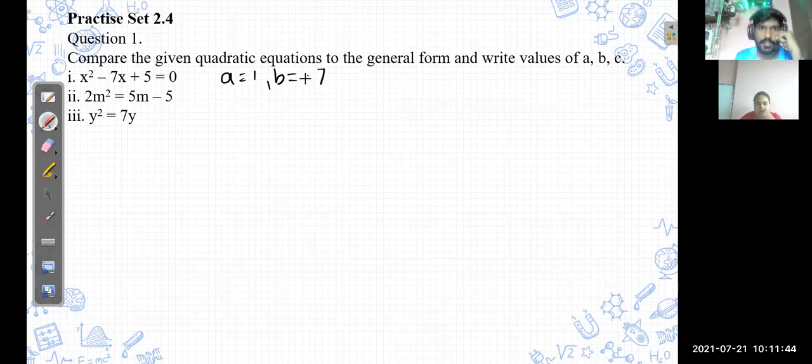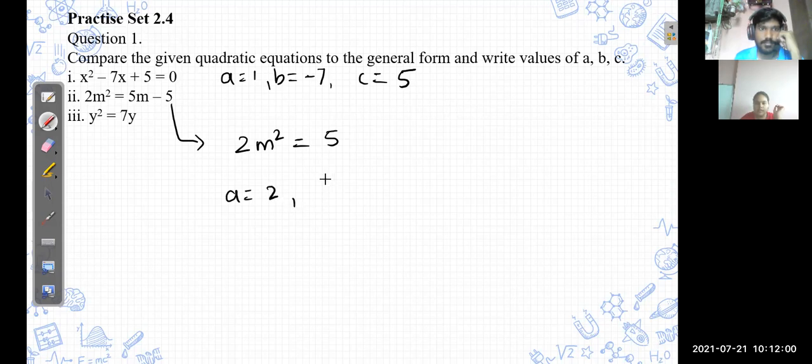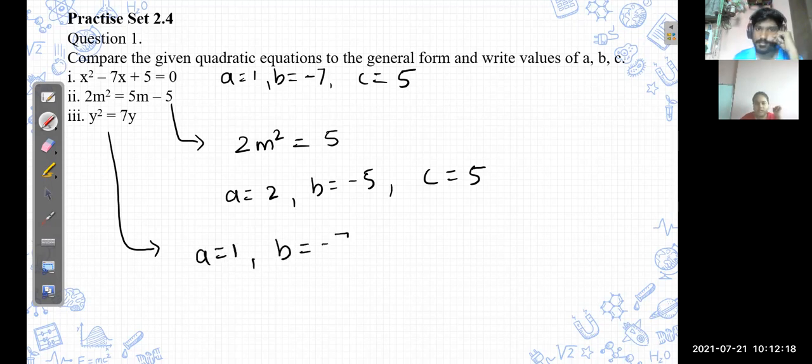Okay, for the second one, A is 2, B is -5, and C is 5. Correct. And for the last one, A is 1, B is -7, and C is 0. Okay, good.